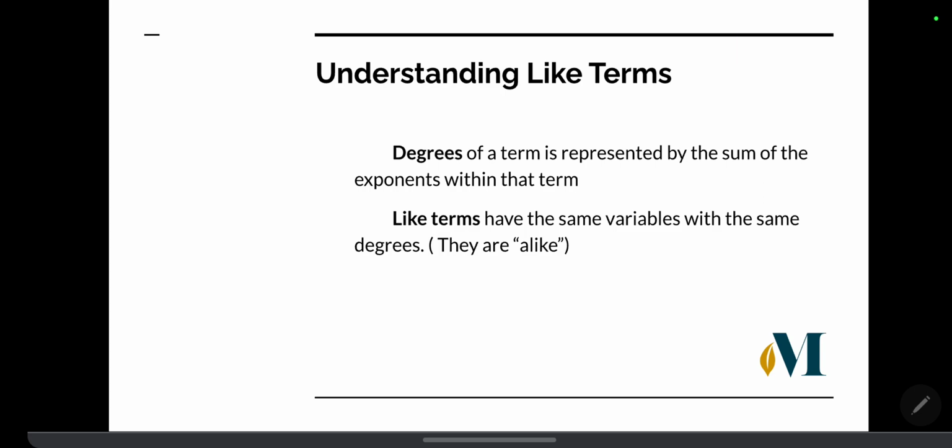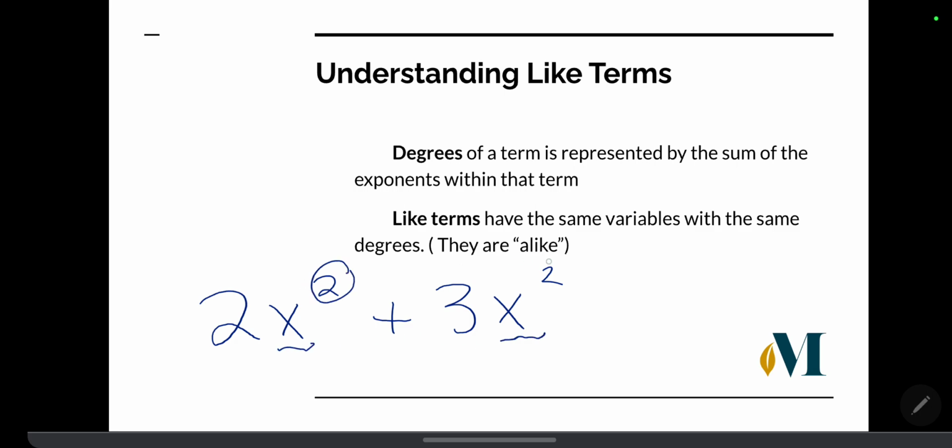So, for instance, if I had 2x squared, okay, plus 3x squared, these are like terms because they have the same variable x and the same degree of 2. So I can combine these like terms.